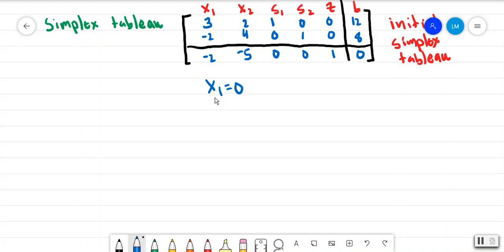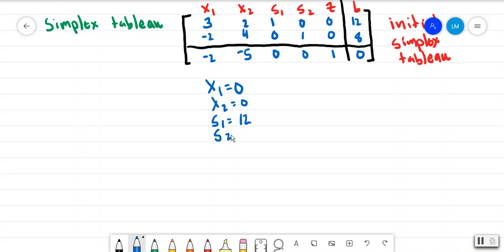So this right here has x1 is 0, and x2 is also 0. But then for s1, there is a pivot, so it's going to be equal to 12. And see how s1 is basically picking up the slack because x1 and x2 fail to be anything, so they're just 0, and this means that it's going to be 12.